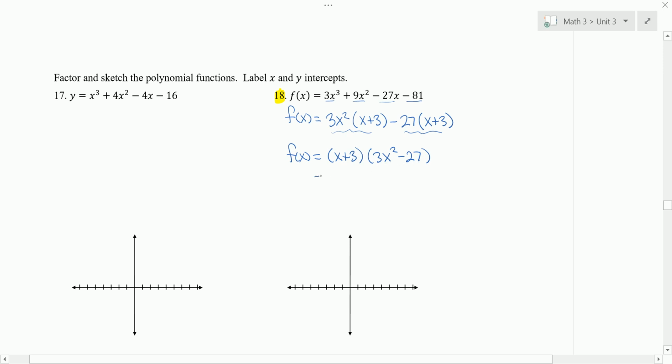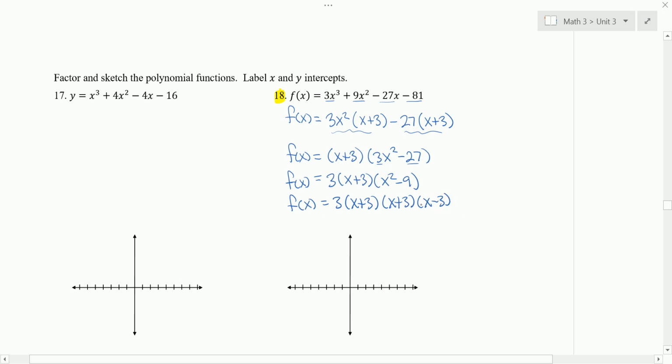I'm going to move that 3 way up front, but it came out of the 3x squared. And if you divide each of those by 3, you end up with x squared minus 9. And then the x squared minus 9 you can factor further to x plus 3 times x minus 3.